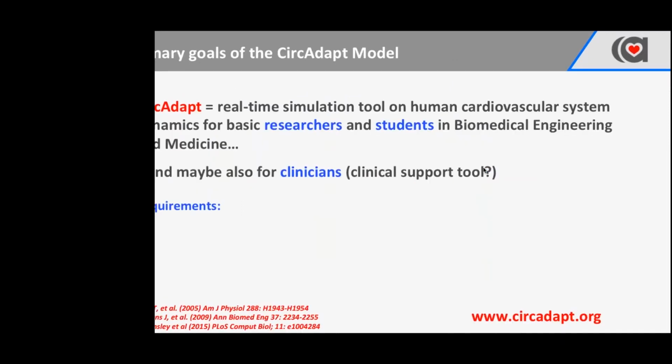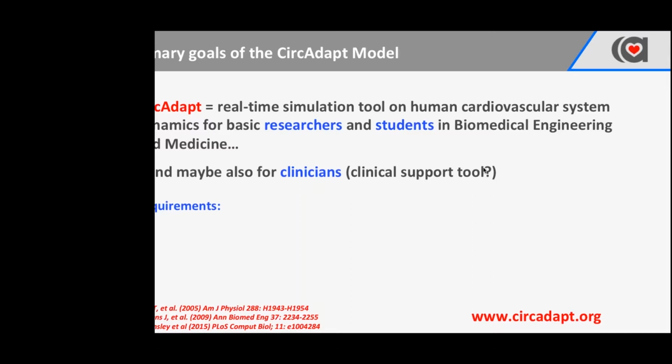The primary goals of our model were that we would like to have a real-time simulation tool of the human cardiovascular system dynamics that can be used both by basic researchers and by students in biomedical engineering and medicine. It's not only a research tool, but also an educational tool.